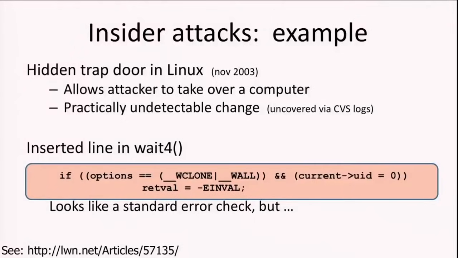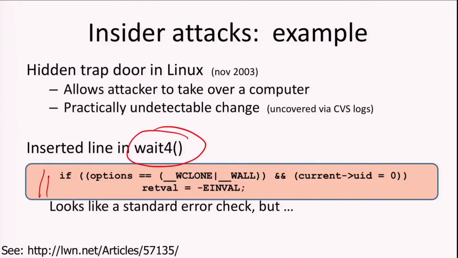So here is an example of an insider attack. In this case, the Linux kernel was being maintained in two CVS, or software repositories, and in one repository somebody changed the code of the function called wait4, and in this function they added this line here.